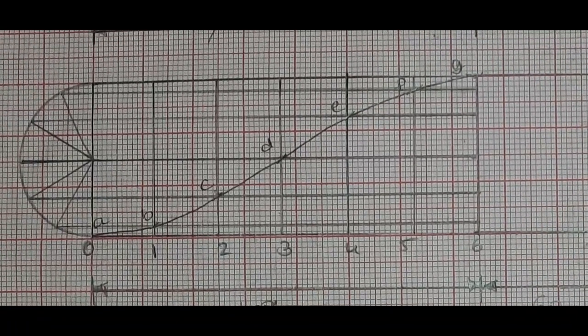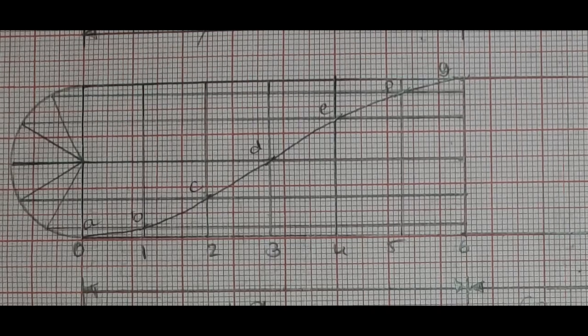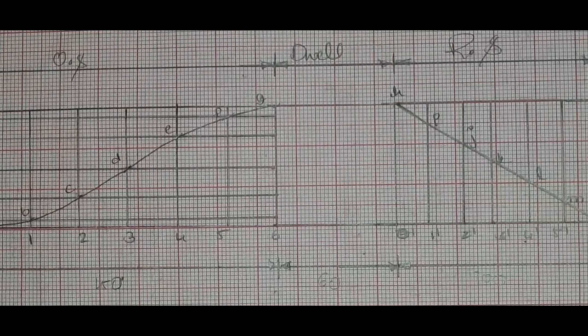Second and the second, third and the third, fourth and the fourth, fifth and the fifth, and the sixth and the sixth. Where each line intersects, that point is highlighted. On the 0 you will get A, B, C, D, E, F, G. By using a smooth curve, join each point, and you will get the displacement of the follower in a smooth curve.